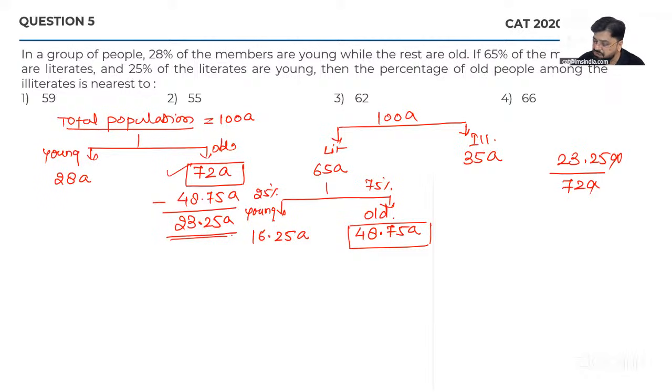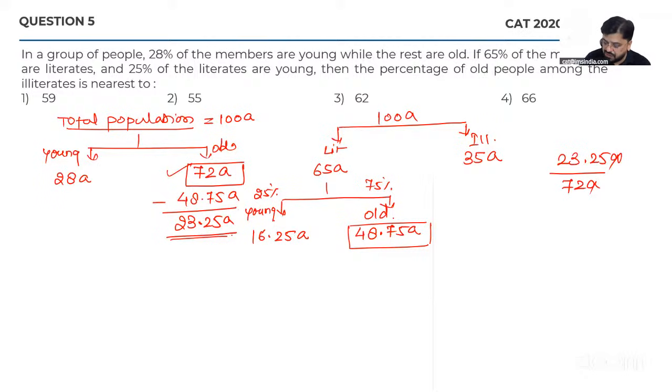Let me read it again. 25% of the literate are young, 16.25A, then the remaining are old.